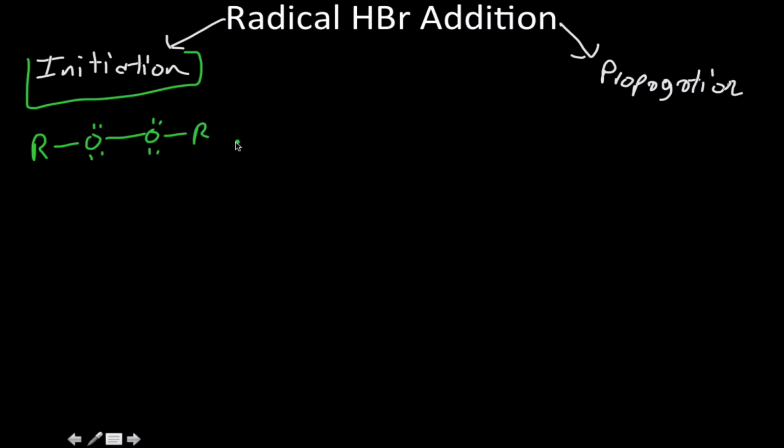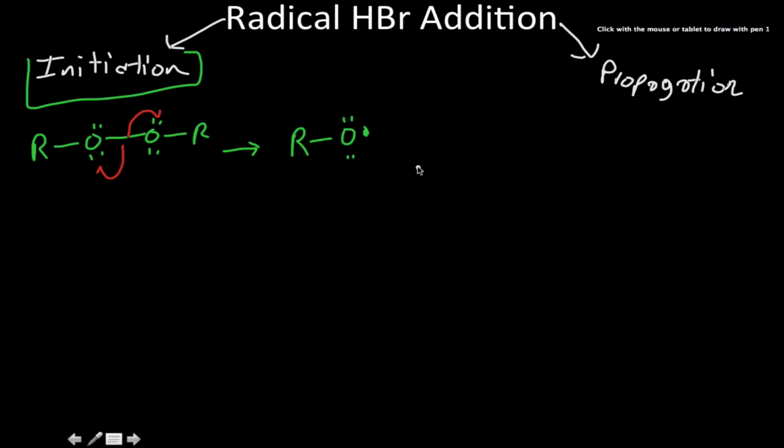So we obviously have ourselves a little peroxide here, and in peroxide, those single oxygen bonds are really unstable, so it's going to undergo homolysis, and what that gets us is RO with a radical on oxygen.